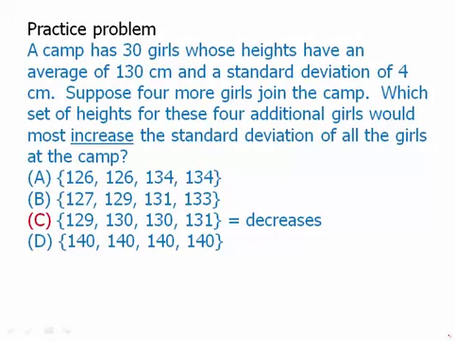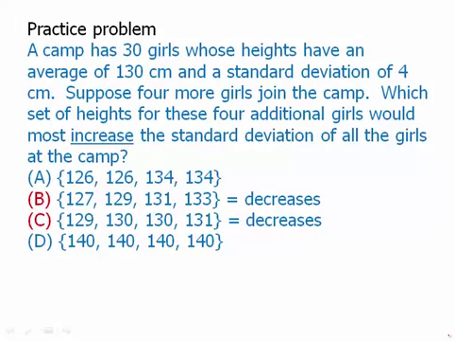If we add the ones in B, notice all 4 of those have deviations of -3, -1, 1, and 3. So those are all deviations that are less than the standard deviation, so that's also going to decrease the standard deviation, so that's not going to be right.